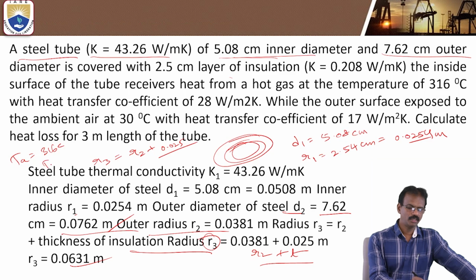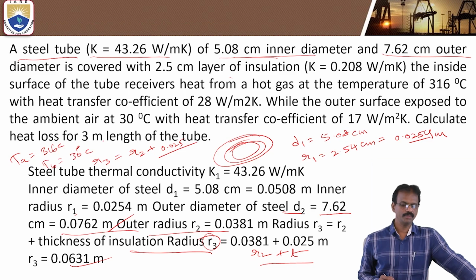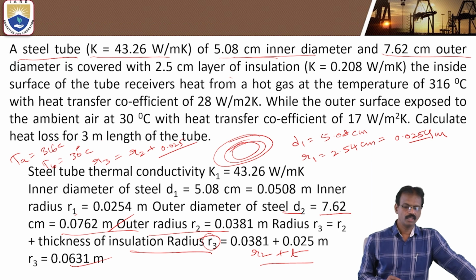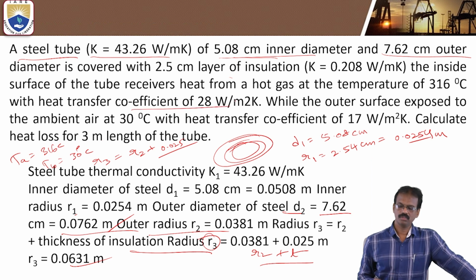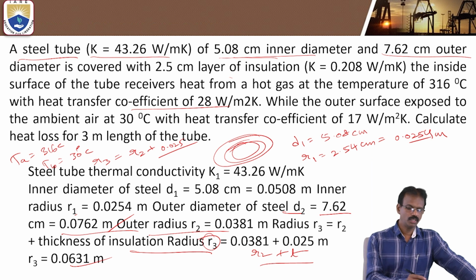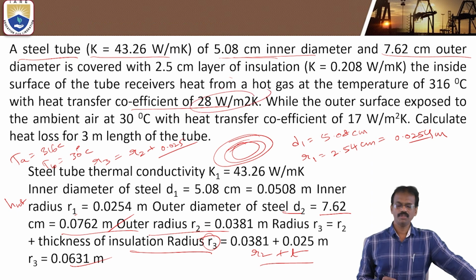The ambient temperature TB is equal to 30 degrees Celsius, as given. Next, the heat transfer coefficient for the hot fluid, HF, is also given: 28 watt per meter square Kelvin.